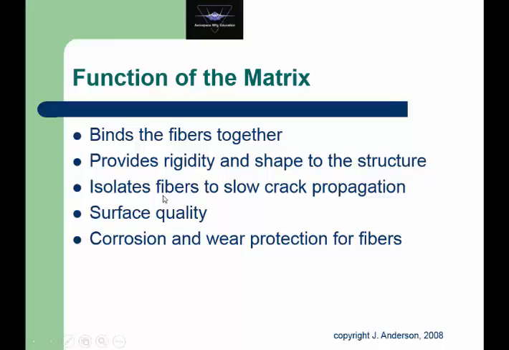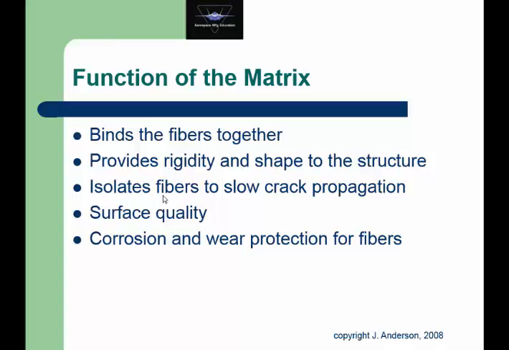So if you think of the illustration that we used before, and you're pulling on these fibers, if one of the fibers breaks and you didn't have the matrix material there, the load from the fiber that broke would be immediately transferred to the other fibers.